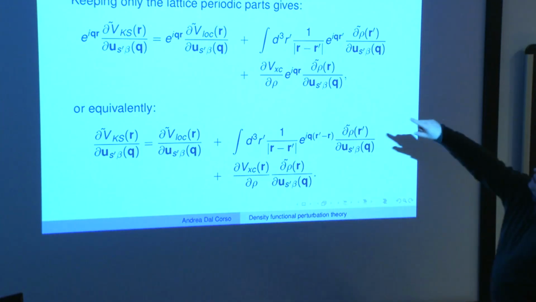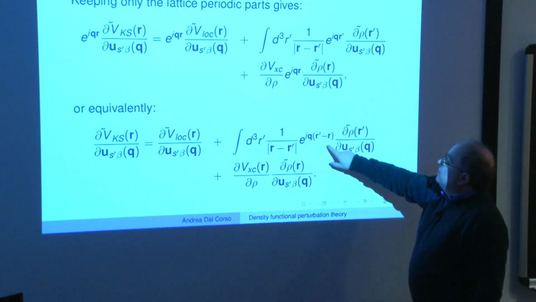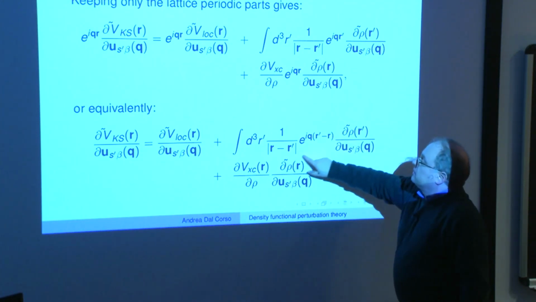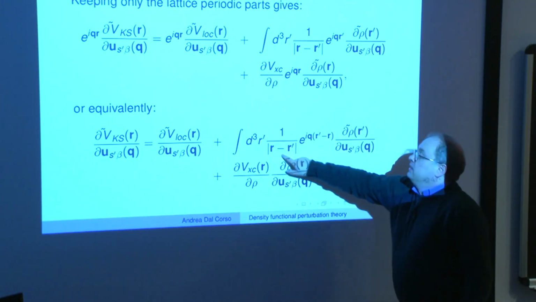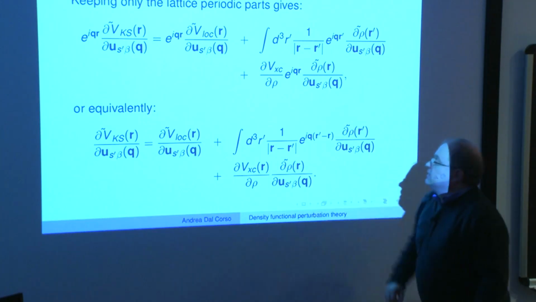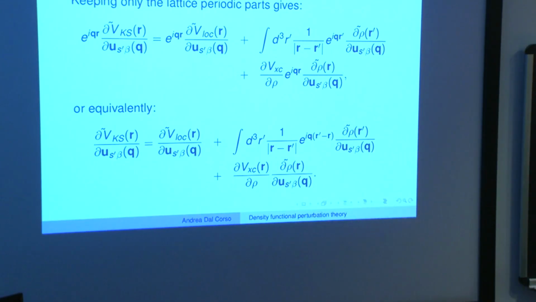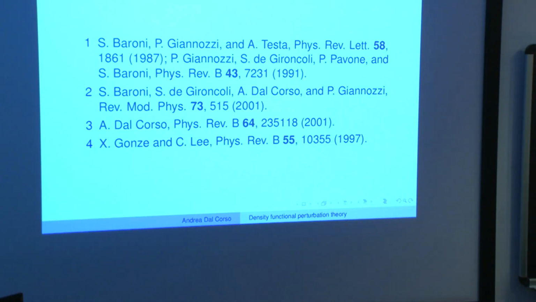So we insert the phase factor and the periodic part everywhere, and we end up with this phase factor in the change of the Hartree potential, and the periodic part of the change of the charge density. And this, I think, completes the demonstration.